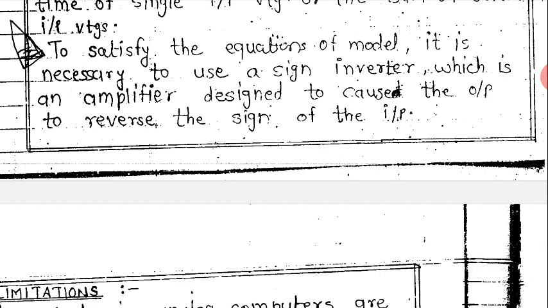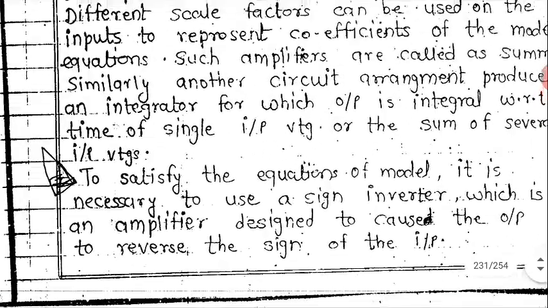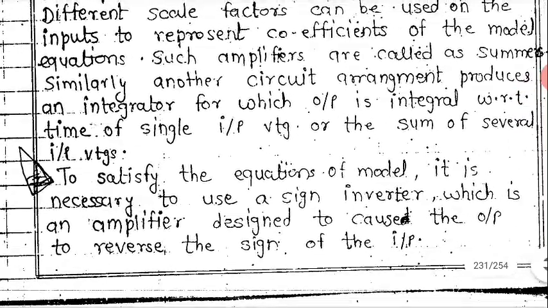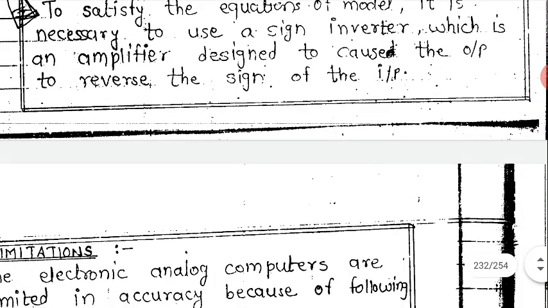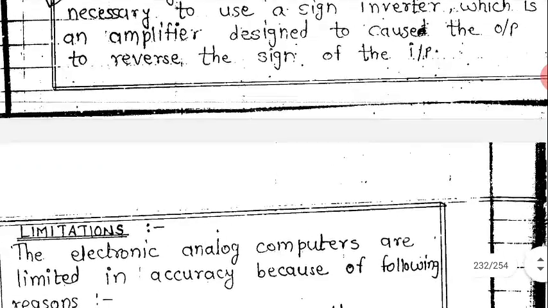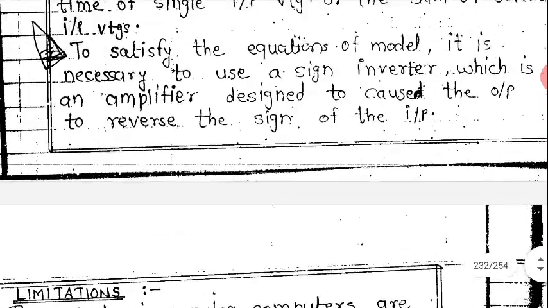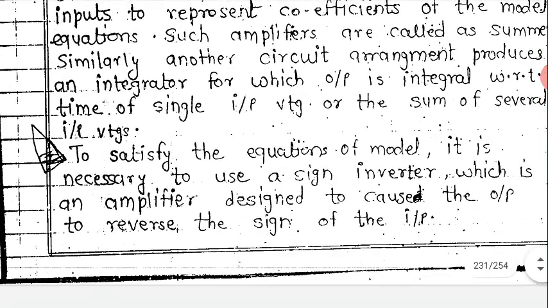To satisfy the equations of the model, it is necessary to use the sign inverter, an amplifier designed to cause the output to reverse the sign of the input. To satisfy the model, we have to reverse some inputs, and for that we are using this amplifier.